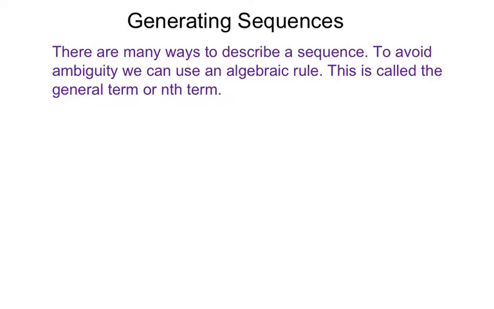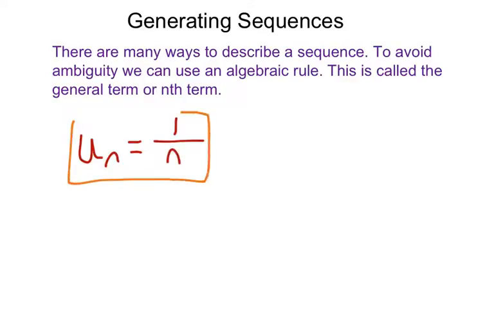Another one we could look at is a general term that has a fraction in it. So un equals 1 over n. We work in exactly the same way. If we wanted to know the first term, n equals 1 gives us 1 over 1, which is just 1.